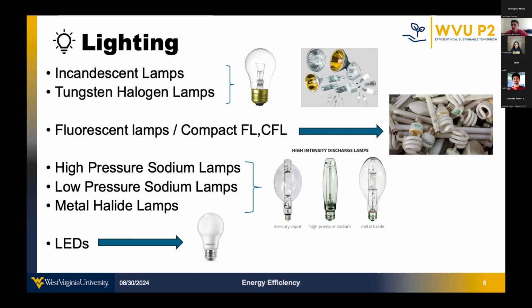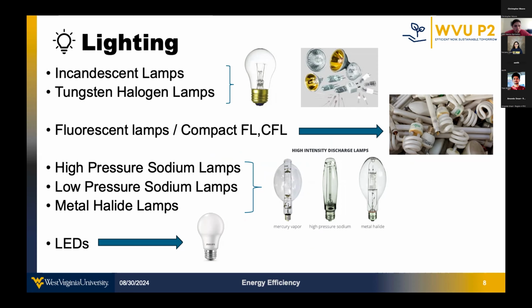Compared to traditional incandescent and halogen lamps, they consume less energy, although fluorescent lamps come in three main types. These are T12s, T8s, and T5s. These refer to their tube diameters: 1.5 inches, 1 inch, and 5/8 of an inch, respectively. And these tubes also are available in different lengths, typically 2 feet, 4 feet, and 8 feet, allowing for flexibility based on the specific application.